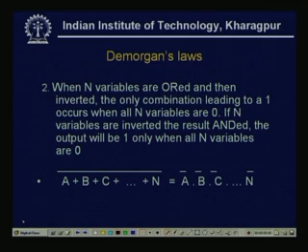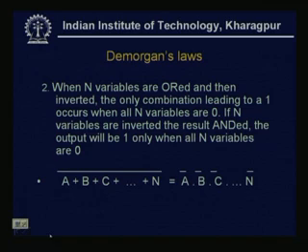See, first we describe that rule, that A plus B plus C plus up to n, if it is inverted, will be similar to each variable being inverted and then ANDed with each other.